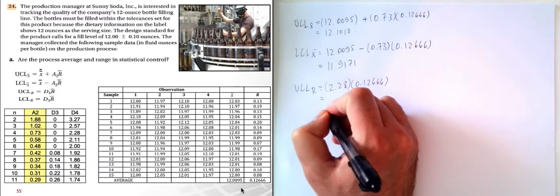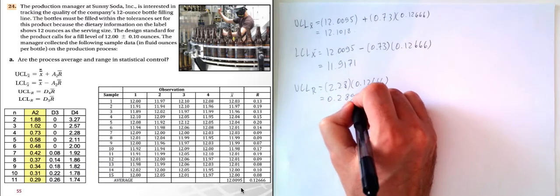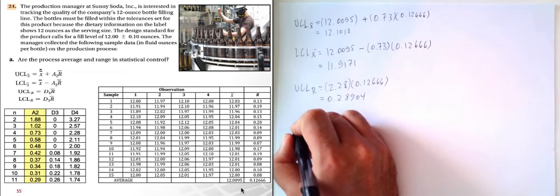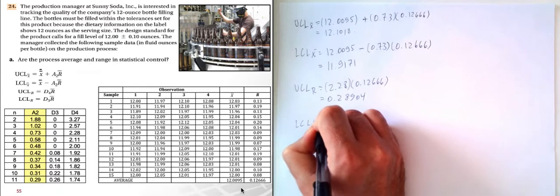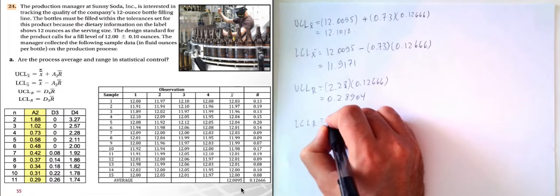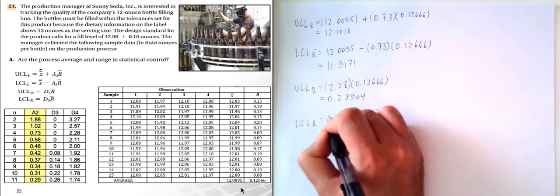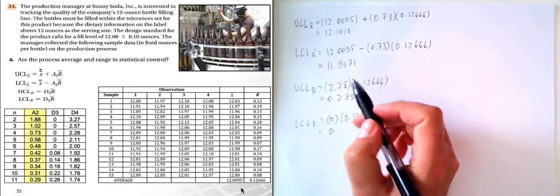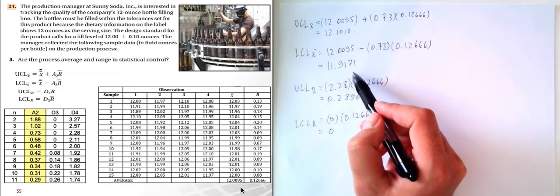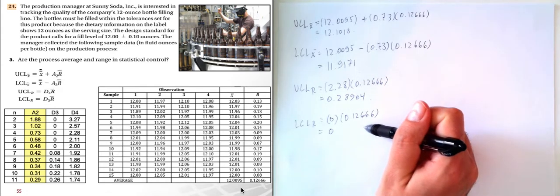So that's the upper control limit for R, and it's 0.28904. And the lower control limit for R is going to be D3, which is 0, times 0.12666, which of course is going to be 0, right? So I have upper and lower control limits for X bar, and upper and lower control limits for R.